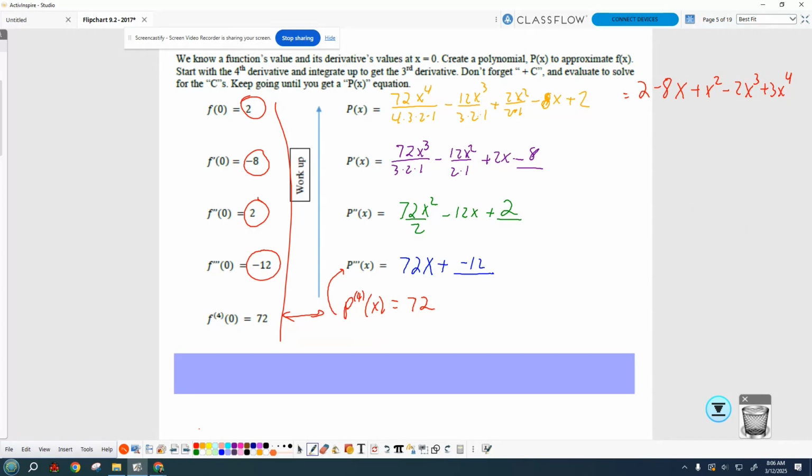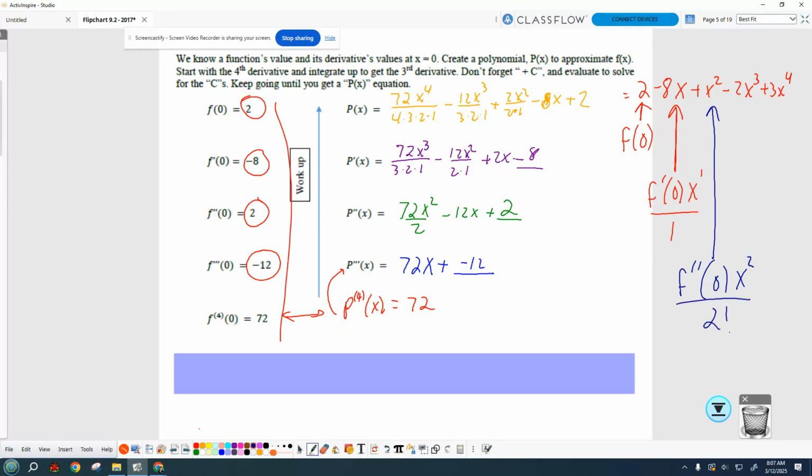I wanted to do this the short way. That first term is the function. The second term is the first derivative of the function times x to the 1st over 1 factorial. The third term, the second power, is the second derivative times x squared over 2 factorial.